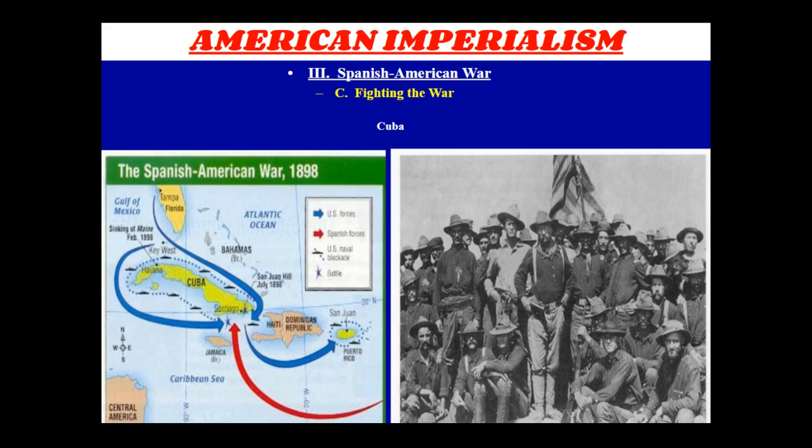Leading the charge was none other than former Undersecretary of the Navy, Teddy Roosevelt, and his personal private cavalry, dubbed the Rough Riders. Heavy fighting and a limited supply of horses meant that Teddy and his Rough Riders charged on foot uphill towards San Juan.